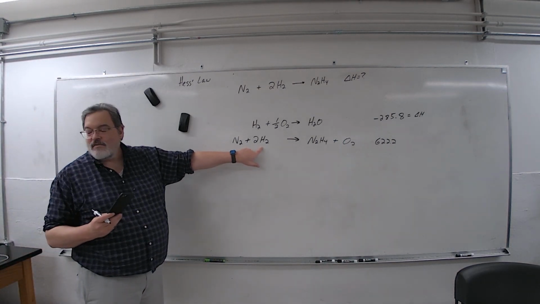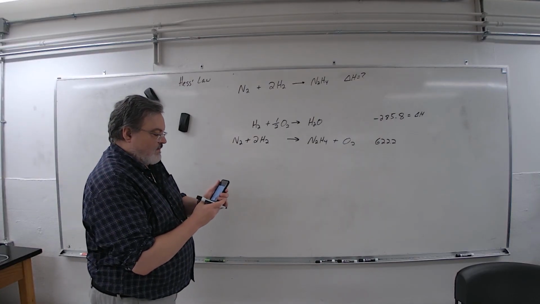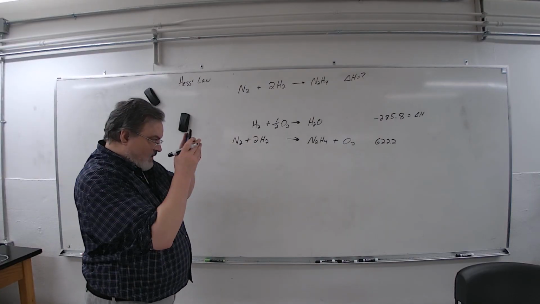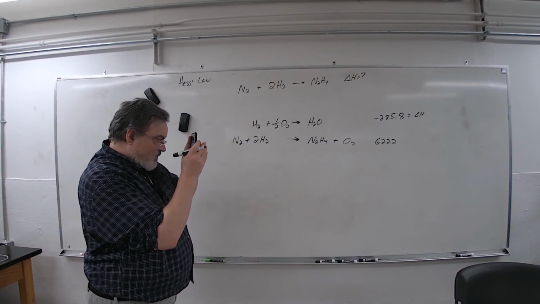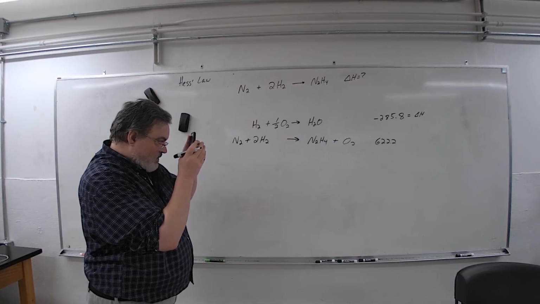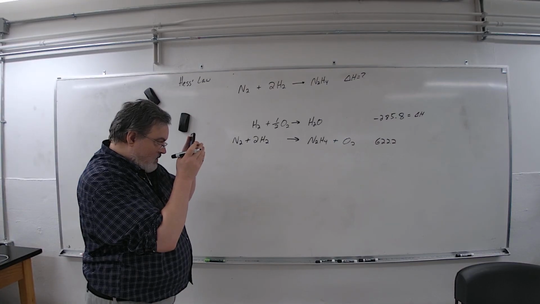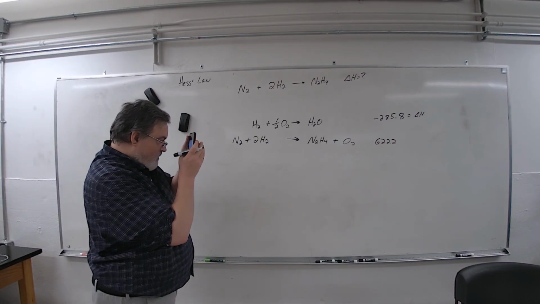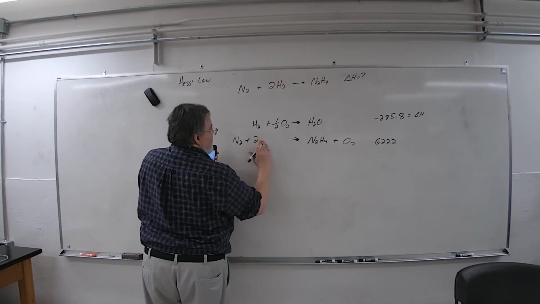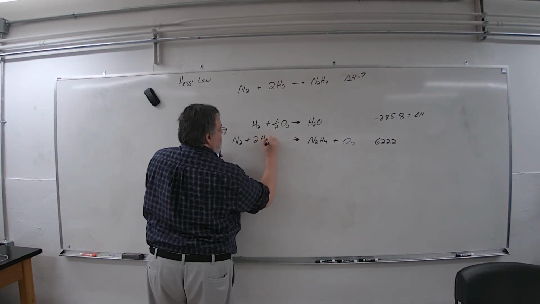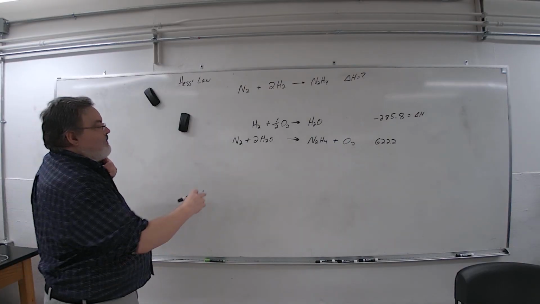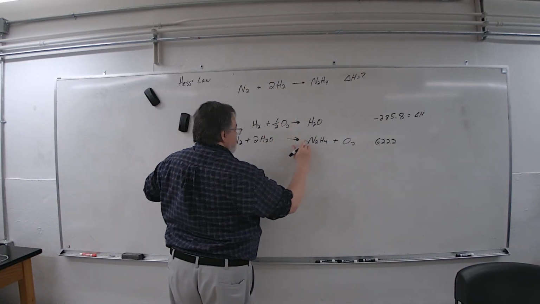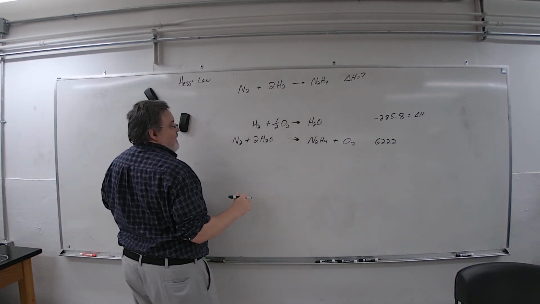This was H2O? This was 2H2. Okay, so let's multiply from here by 2 to make the H2O go away.